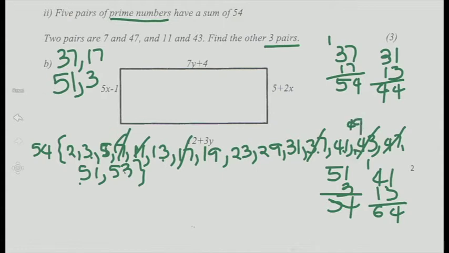Sorry, I left a 49 there. So which other number can pair with 49? 49 and 5. We can have 49 plus 5 giving us 54. So these are the other three pairs that we have.